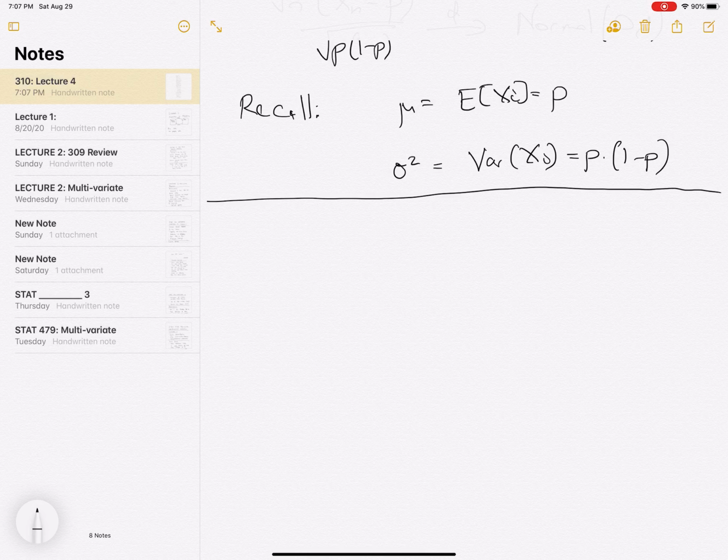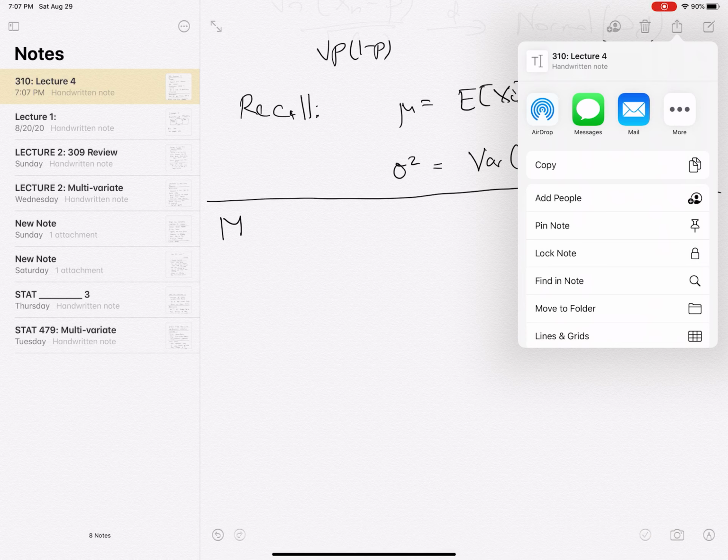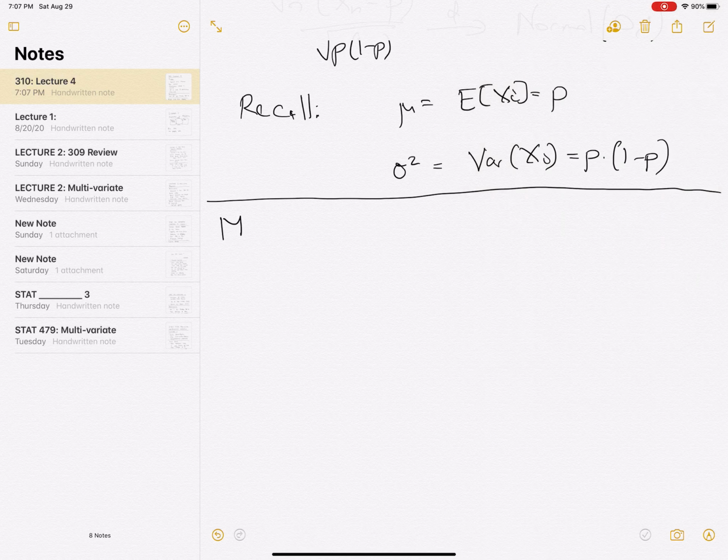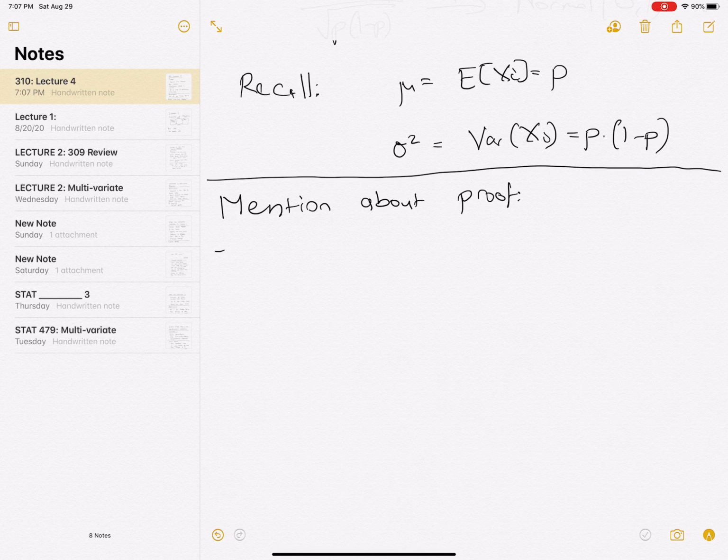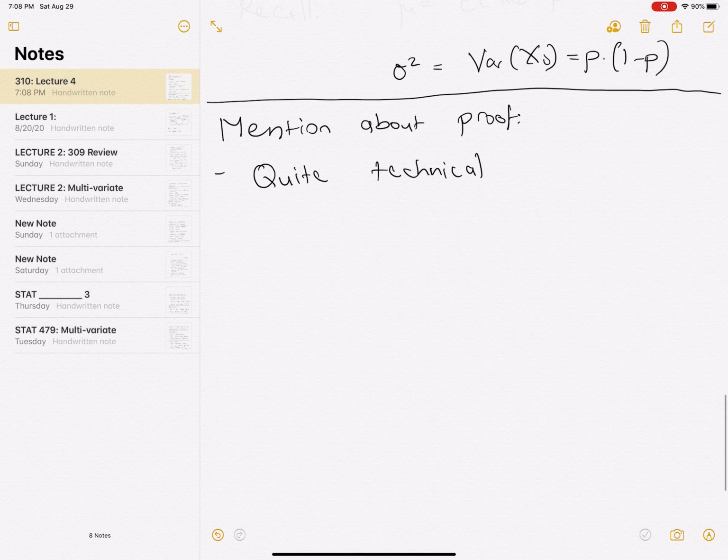I'll just quickly mention the proof. The proof's quite technical. You may have seen a version of it somewhere.